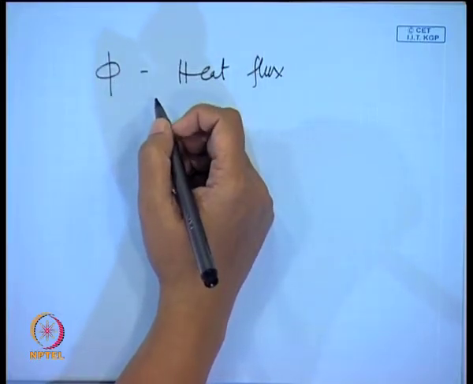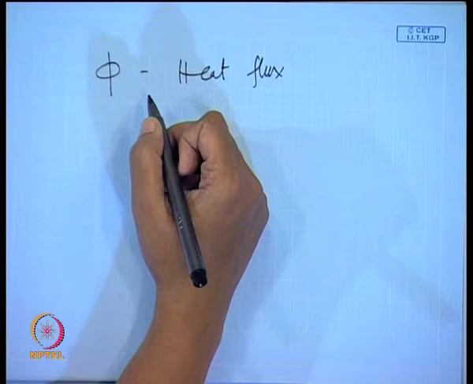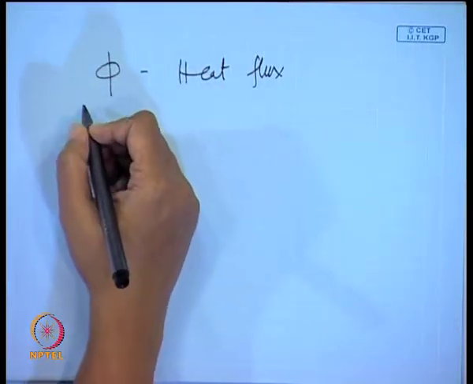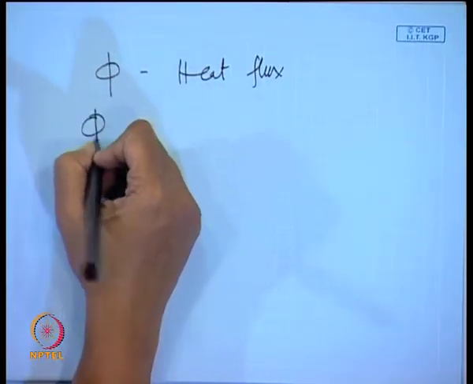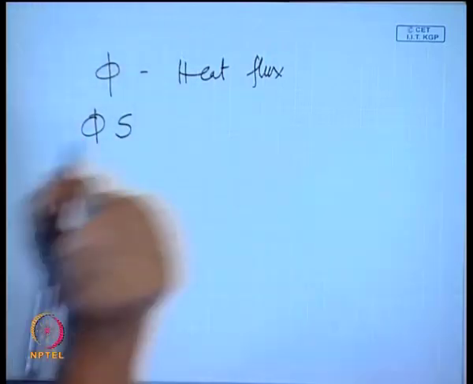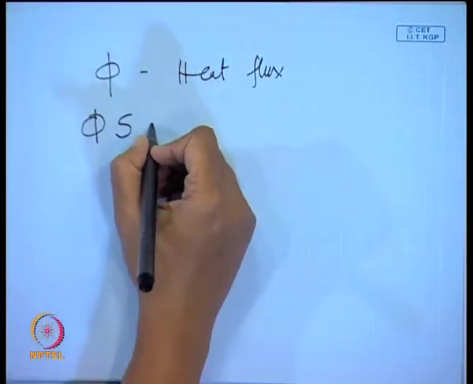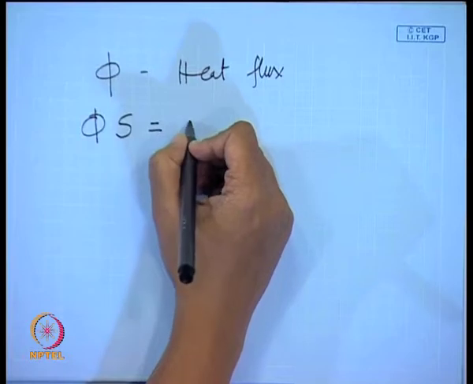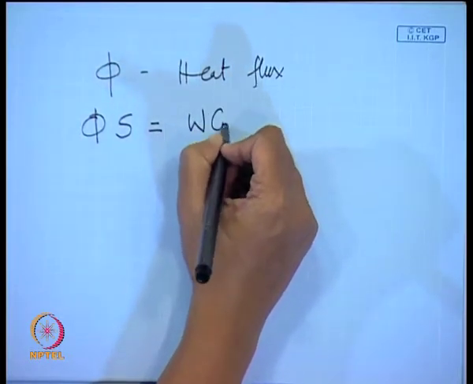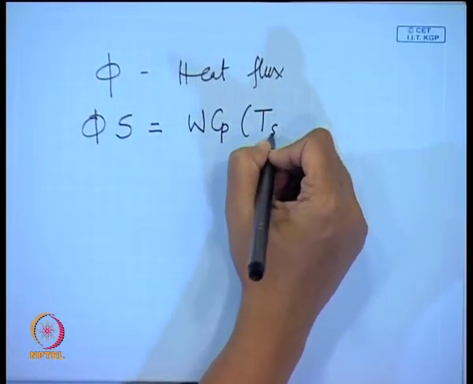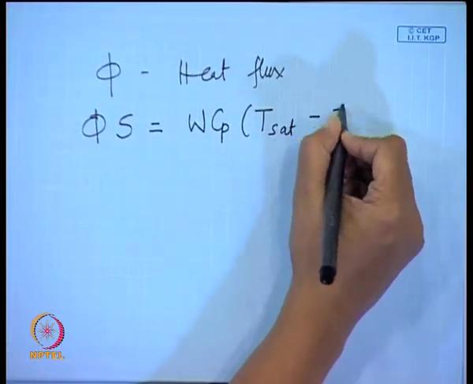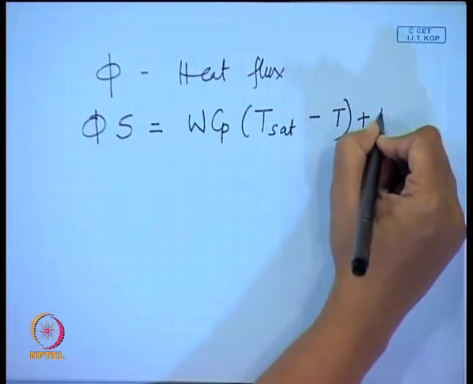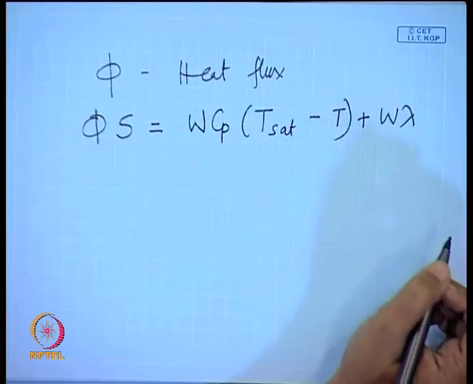Now, for heated tubes, we can always write phi into the circumferential area through which heat is applied. This much amount of heat goes into heating the liquid from its actual temperature to the saturated temperature, and then vaporizing that amount of liquid.